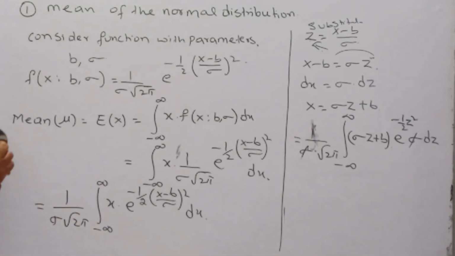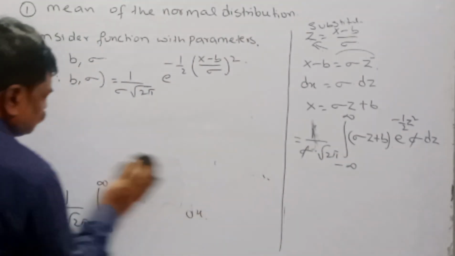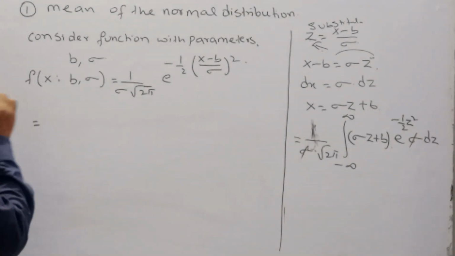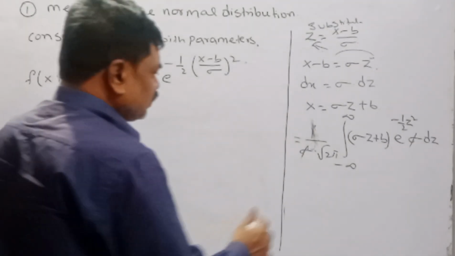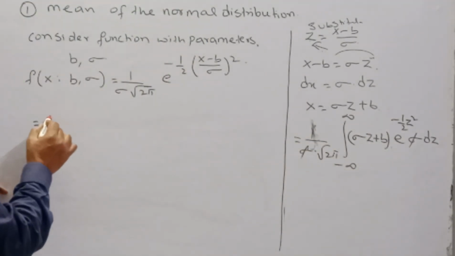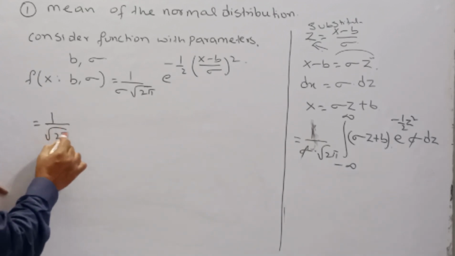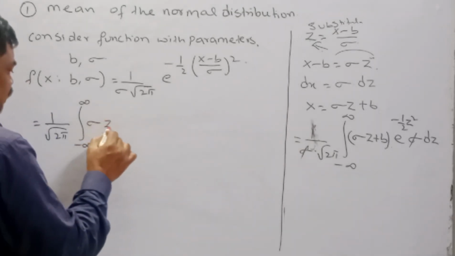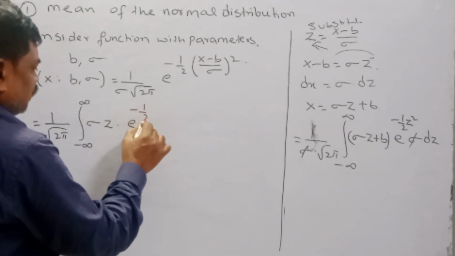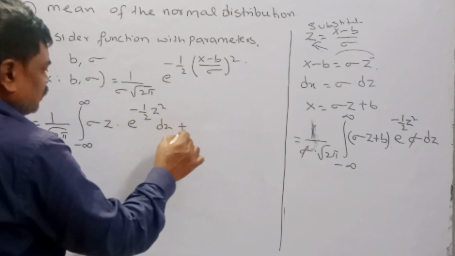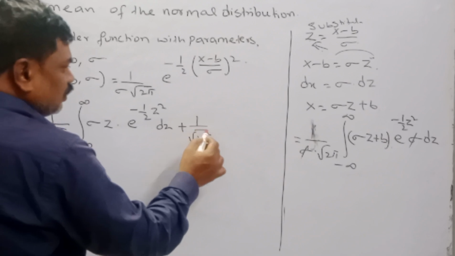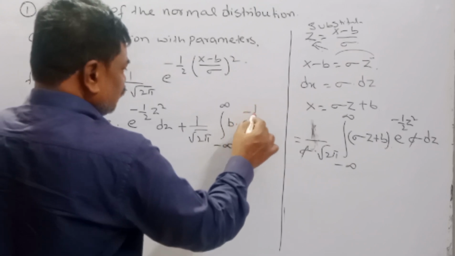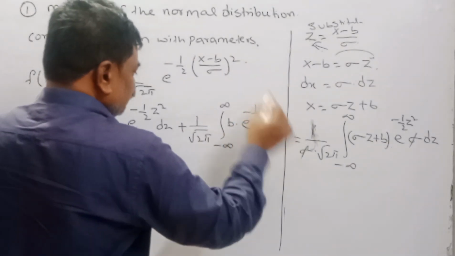Okay, all of you. Then after, you see here, this can be written as 1 by root 2 pi integral minus infinity to plus infinity sigma z into e power minus 1 by 2 z square dz plus 1 by root 2 pi integral minus infinity to plus infinity b into e power minus 1 by 2 z square dz.